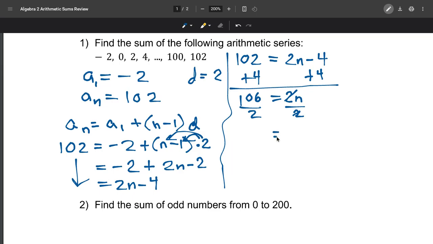I get n equals 53. So I can say the sum of these 53 terms equals 53 divided by 2 times the sum of the first term and the last term, so the sum of -2 plus 102.